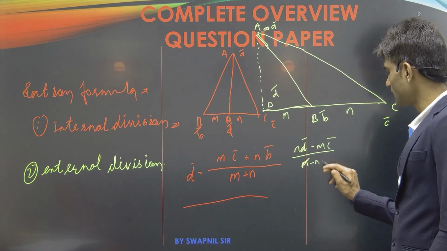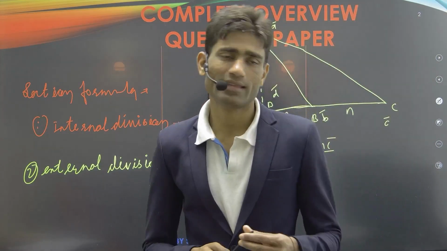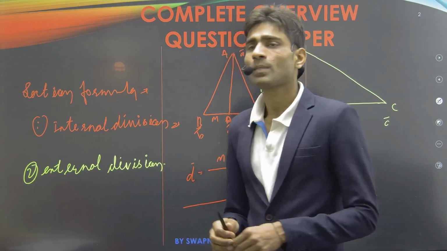If you take n minus m in the numerator, the denominator has to be n minus m. So this is our section formula for external division.